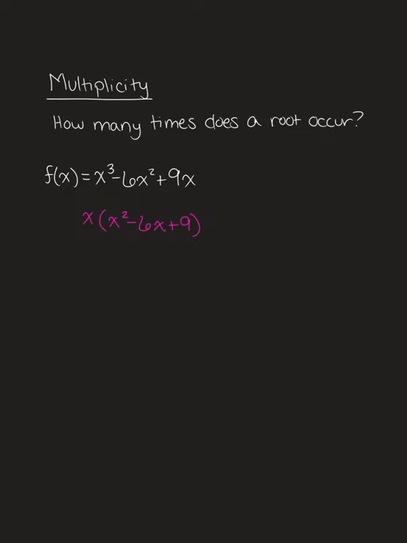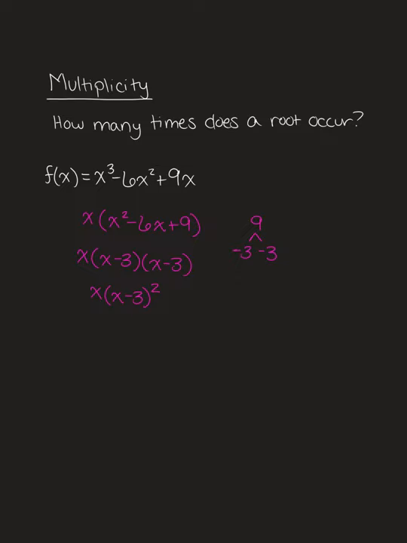Two numbers that will multiply to 9 but add to -6 are -3 and -3. So my factored form is x times x minus 3 times x minus 3. Now, I can also write this as x times x minus 3 squared, okay? That x minus 3 happens twice.